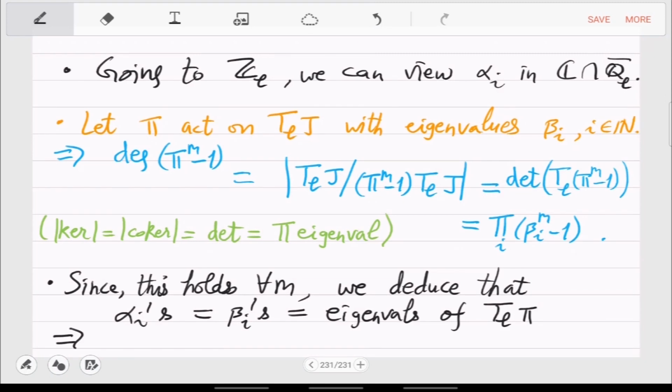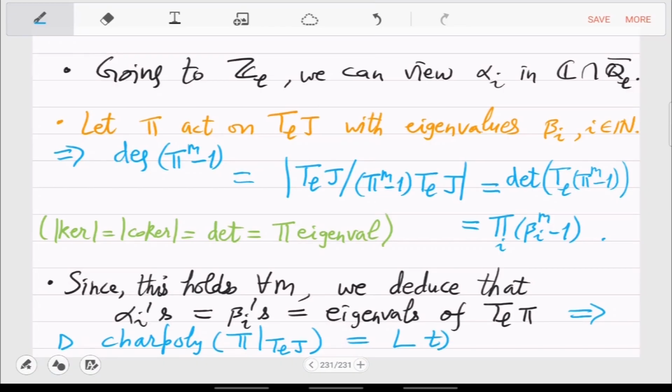Which means that pi on T_L J has characteristic polynomial L_T over Z_L.